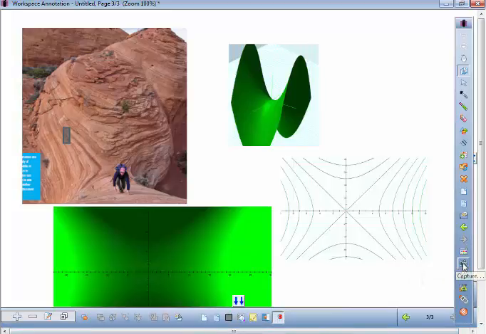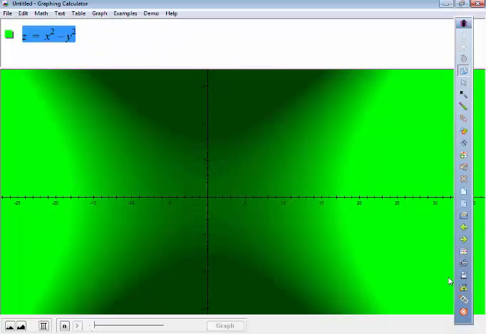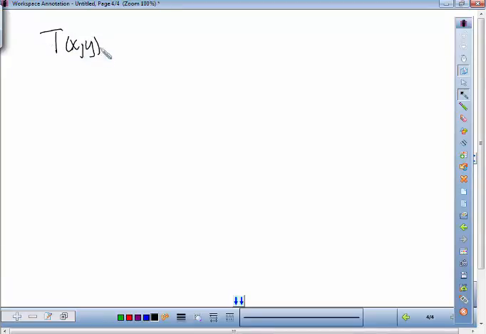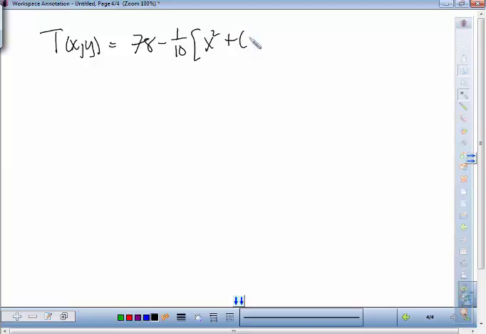So here's another interesting application to this, I guess, before we move on to even more variables. See, I'll just write it. T of x, y is equal to 78 minus 1/10 x squared plus y minus 5 squared.